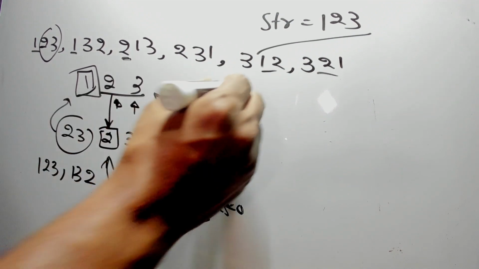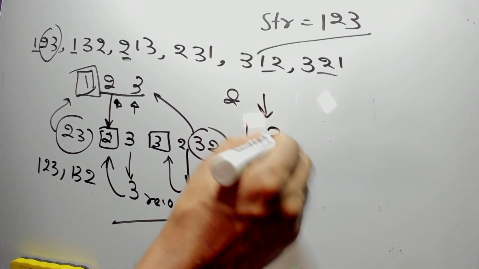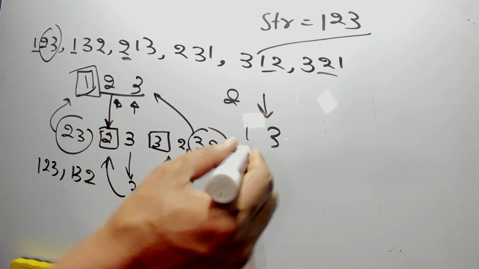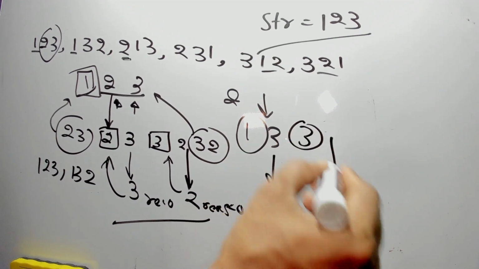Perfect. Then we'll keep 2 constant and feed 1 and 3, and the same loop will repeat. Then 1 remains constant, 3 will go in, then 3 remains constant and 1 will go in.